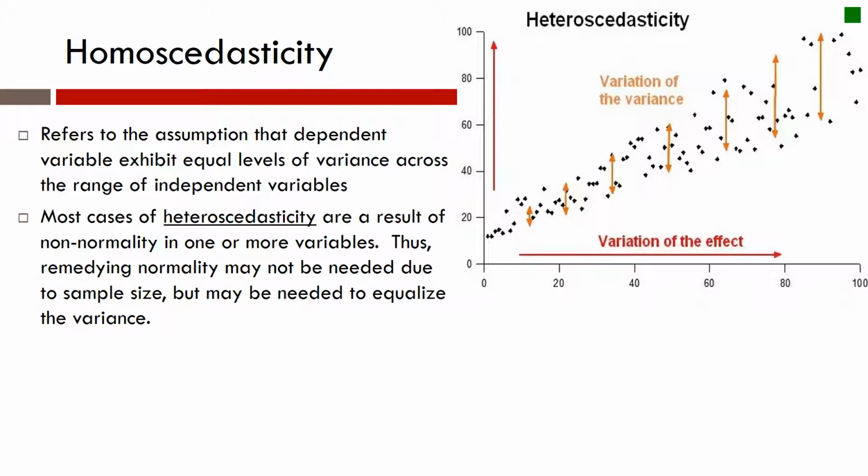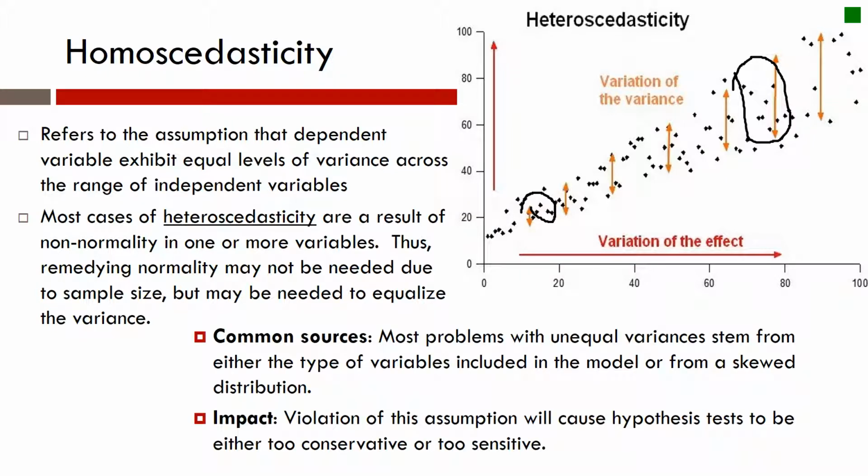So we might see that some of our variables are not normal, and we want to do some data transformations to correct for this. As you look at the different size or distance here of this data, what you're looking at is different variances across some supposed mean, and that variance is changing as one variable is getting greater, and that may be the independent variable on the dependent variable.